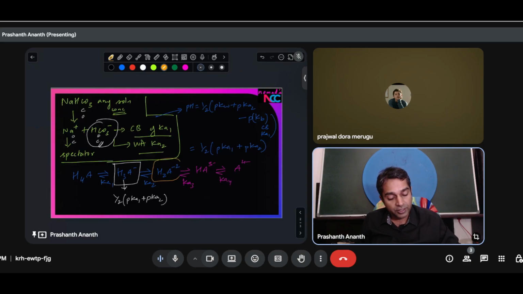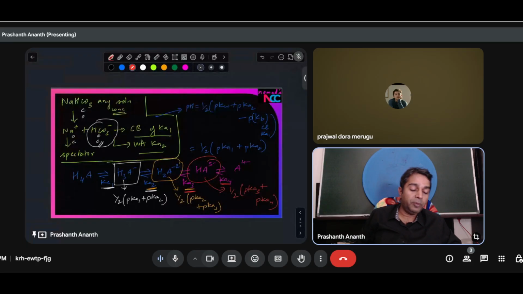The next one's pH will effectively be half into pKa2 plus pKa3, the previous and the next. And the next one over here, HA 3 minus, is going to be half into pKa3 plus pKa4. We have it in a very straightforward manner like this, and we can proceed and understand how it's supposed to work.